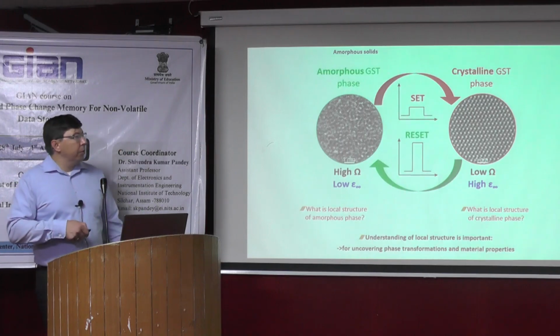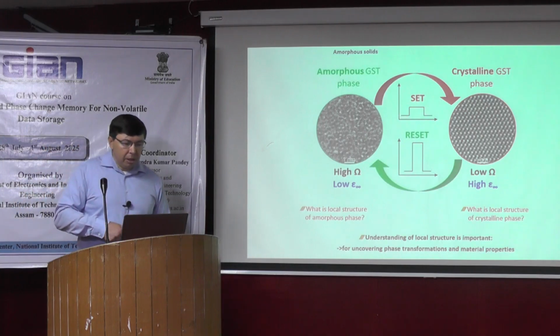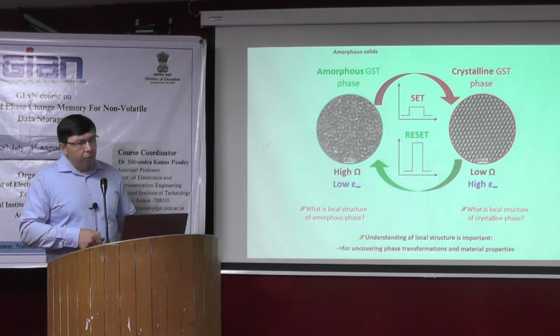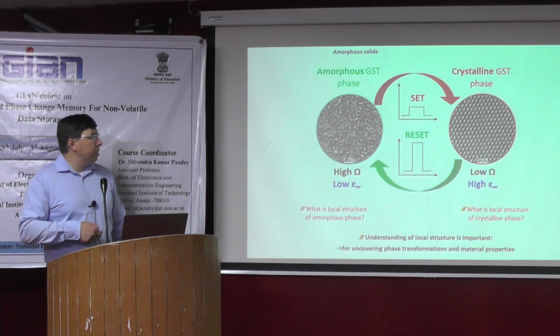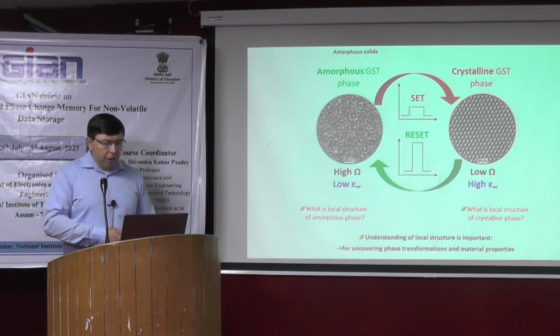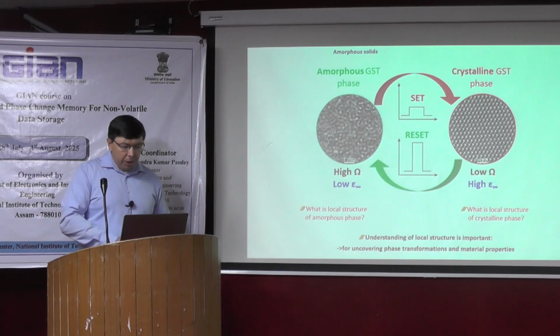Because if you know about this, you can think about new novel applications of these phase change materials based on the crystalline materials. So first, let us look at the local structure of the amorphous materials, and then we will look at the local structure of the different phases of crystalline phase change materials.